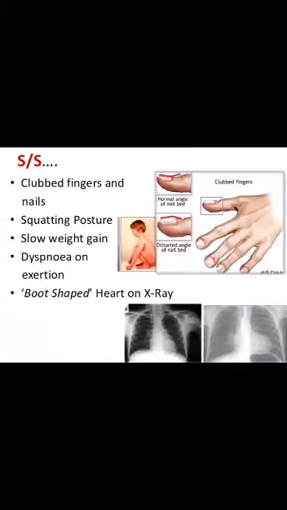Then squatting position, slow weight gain, dyspnea on exertion. If the baby exerts, the cyanosis is present in their body. Then boot-shaped heart on X-ray. Means if we take an X-ray, the heart shows a boot-shaped structure.